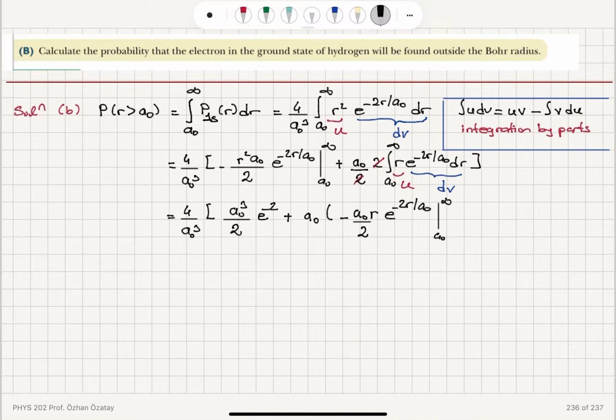Then I have minus integral v du, so minus with this minus sign from the integral of dv will give me a plus, so this will be plus a0, since v is a0 over 2, so this will give me plus a0 over 2 integral a0 to infinity v du, so it's going to be e to the minus 2r over a0, because u was r, du is dr.